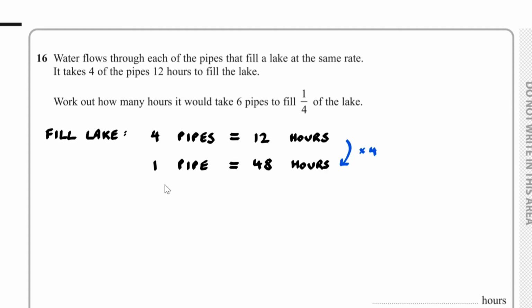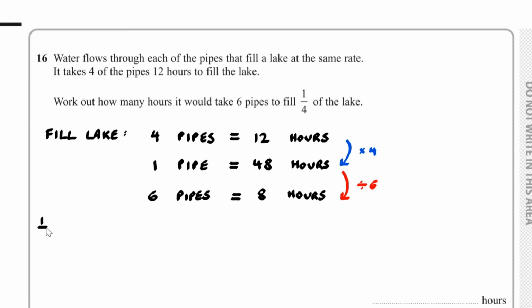Now for 6 pipes then, to fill the lake completely, that will take 48 divided by 6, which is equal to 8. So 6 pipes take 8 hours to fill the lake completely.